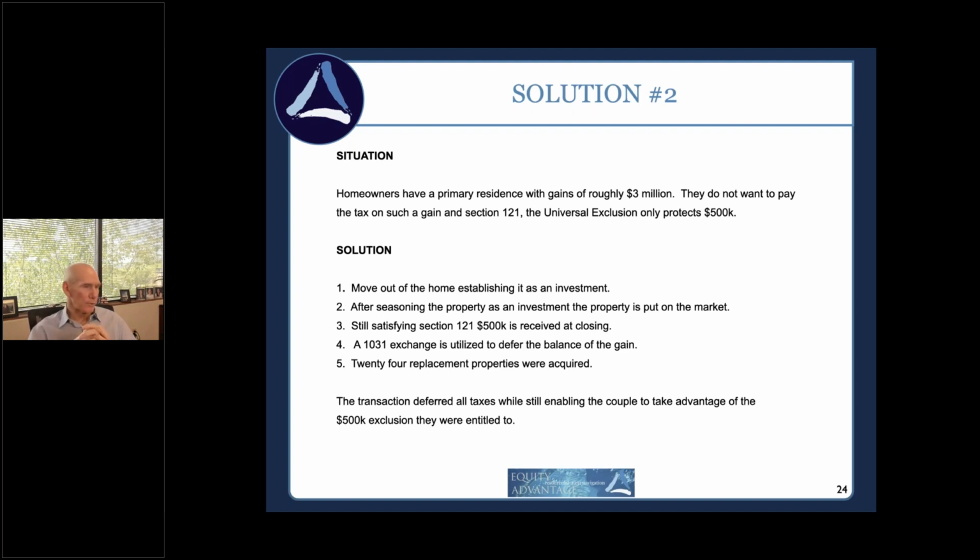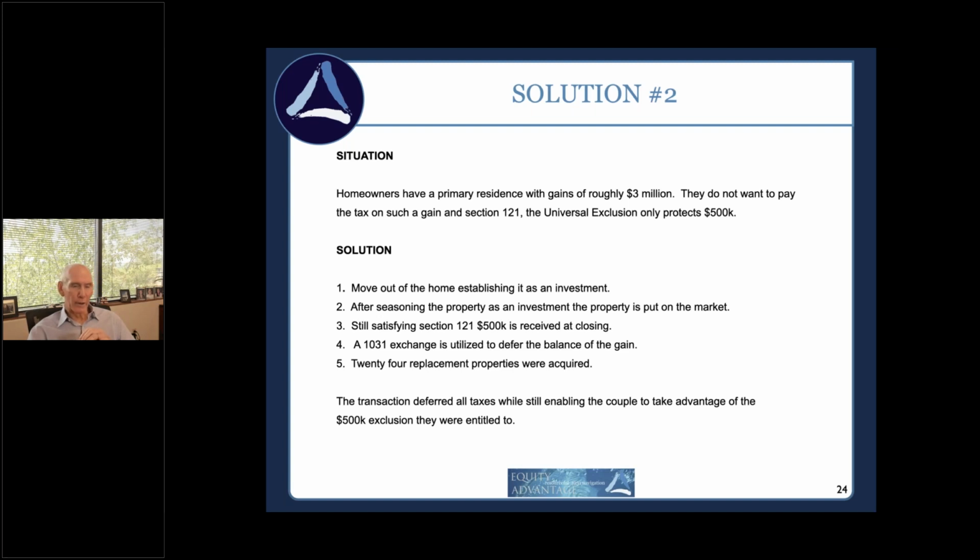Now, I would argue that the old 1034 rollover is probably a better situation for a lot of people today than 121 is, because $250,000 in gain individually or $500,000 for a married couple doesn't go very far for pretty much anyone on the West Coast or in any high value state. Look at the cost of property in Florida or New York or anywhere these days. It's really gone up a lot.